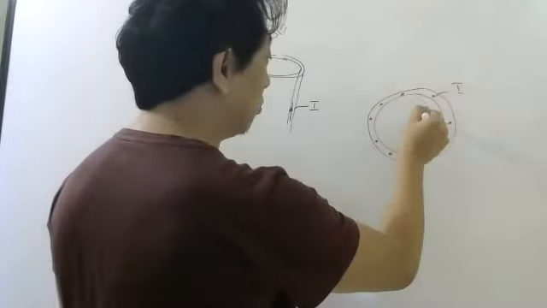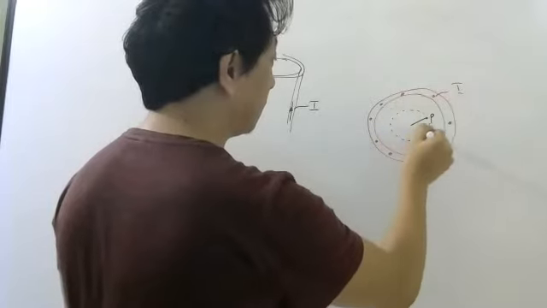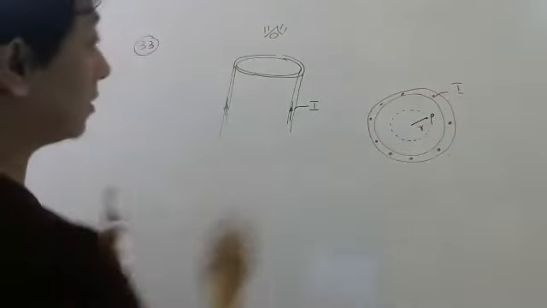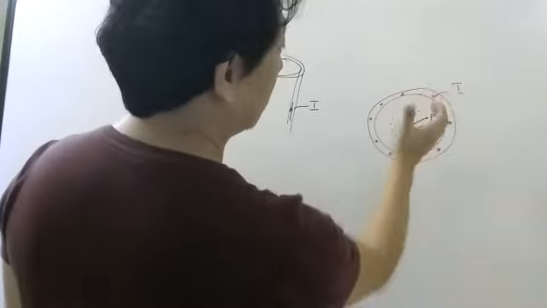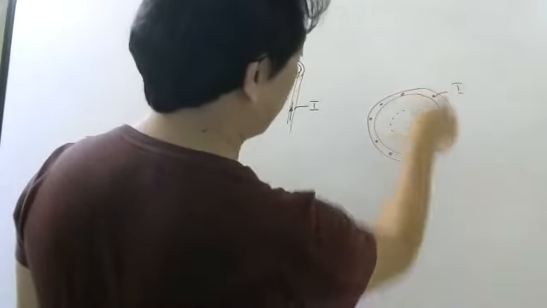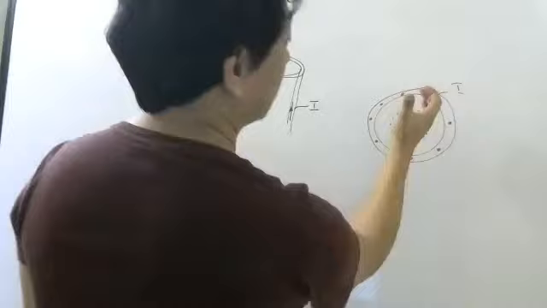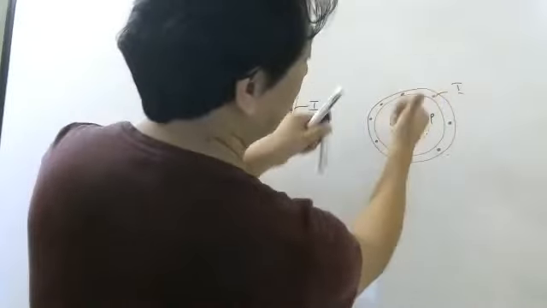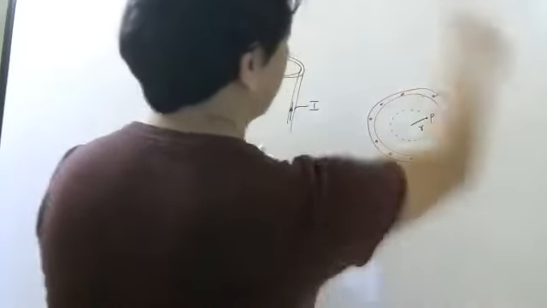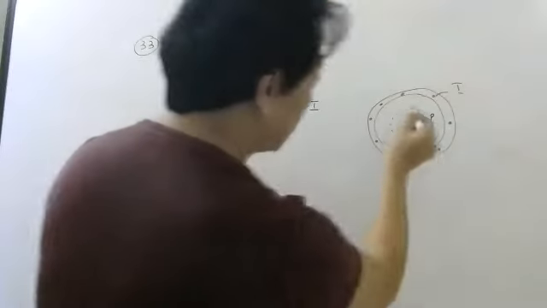First you draw this loop. Since the current is coming out, even if there is a magnetic field here, it should be circular like this everywhere. So that's why I have chosen a circular loop.